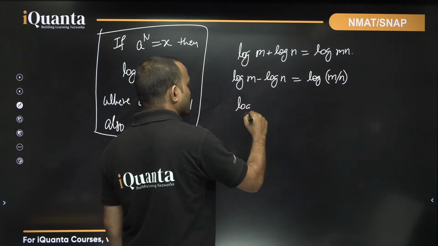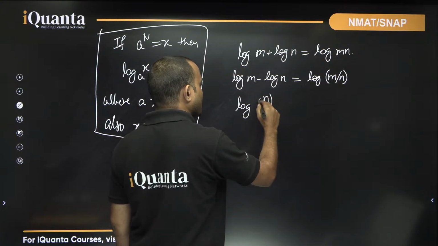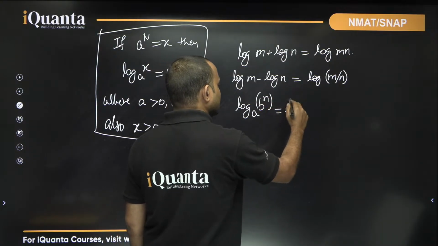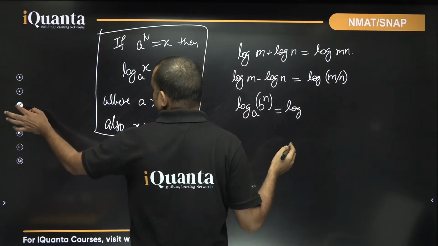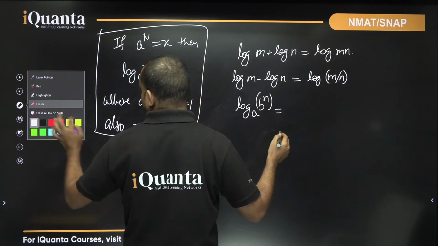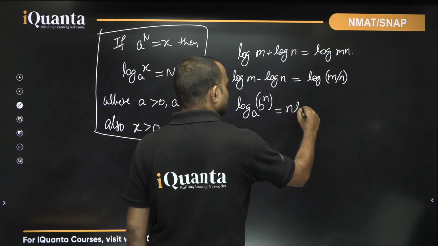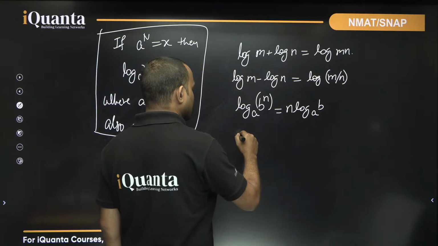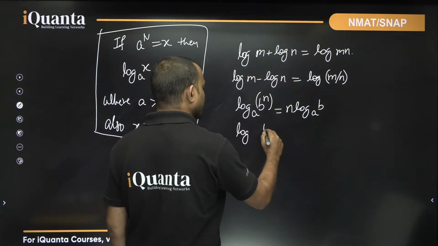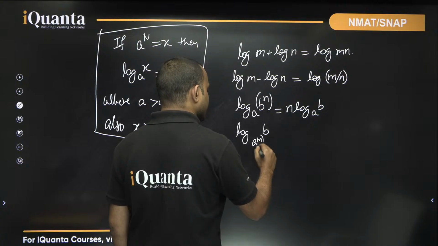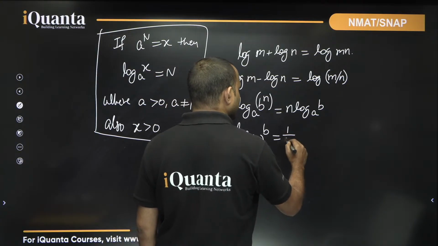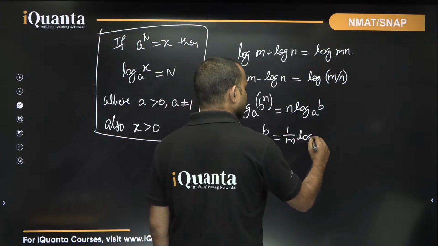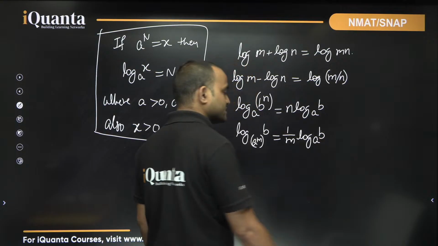Then another important concept: log b to the power n to the base a will be equal to n times log b base a. Similarly, log b to the base a to the power m will be equal to 1 by m log b to the base a.